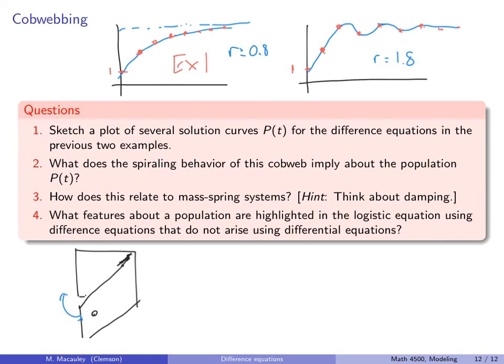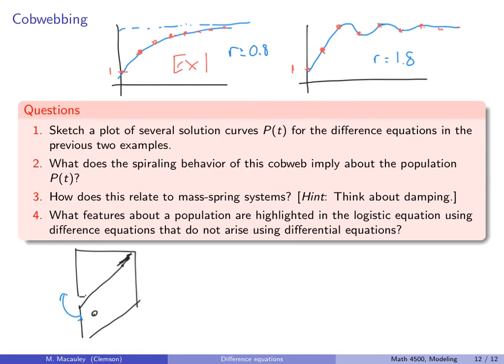So there are definitely similarities between these two qualitative behaviors of having a population oscillate versus not oscillate, and mass spring systems being underdamped versus overdamped. And I think the discussion of these three questions should probably answer the fourth question: what features about a population are highlighted in the logistic equation using difference equations that do not arise using differential equations?